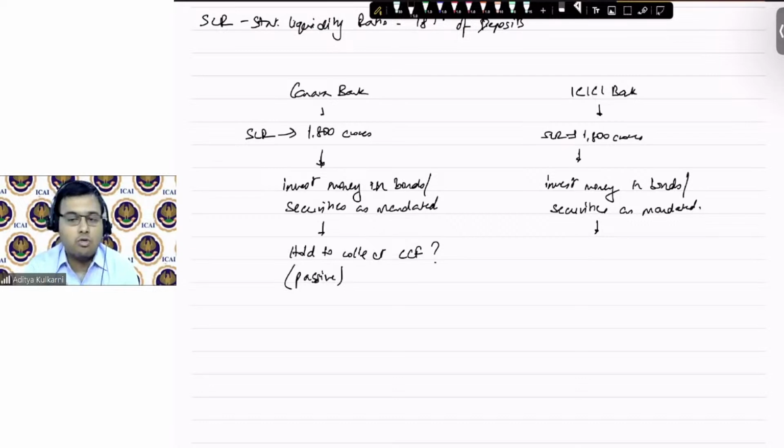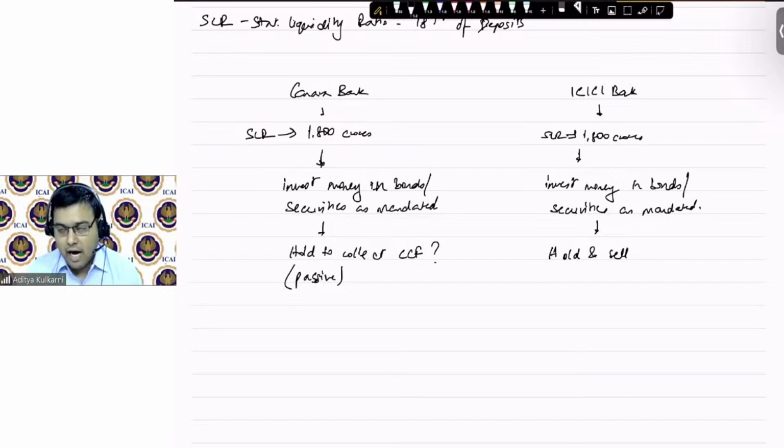What do you want to do with it? Can I say that the business model is only hold to collect, or can I say that the business model is hold and sell? Can I say that this is my business model for ICICI Bank? What do you guys think? What is the business model?